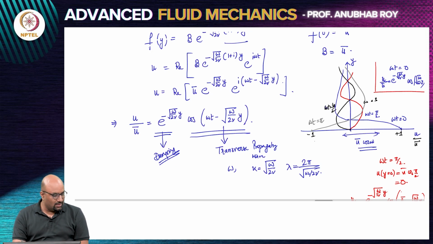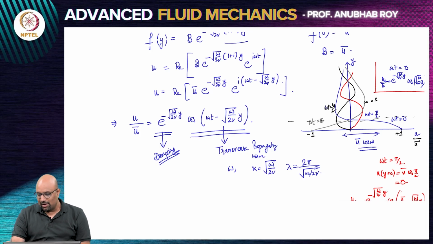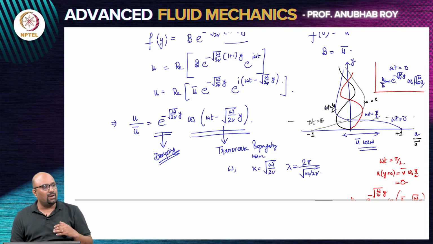And so you can effectively see that if you are asking how much does momentum penetrate into the domain, unlike the previous problem where you had an impulsively pulled plate, momentum was continuously penetrating. The viscous length scale increased as square root of nu t.